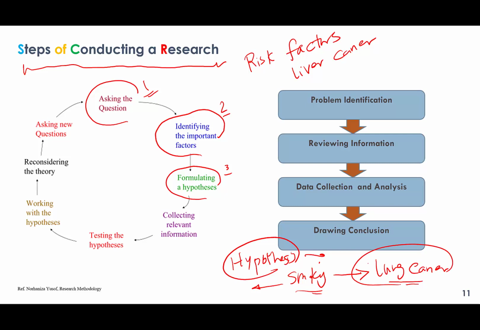Okay, so the next step is collecting relevant information. It is really important, because maybe your idea is really interesting or amazing, but if you don't have any information or data, you can't analyze, you can't do an applied or analytical research.